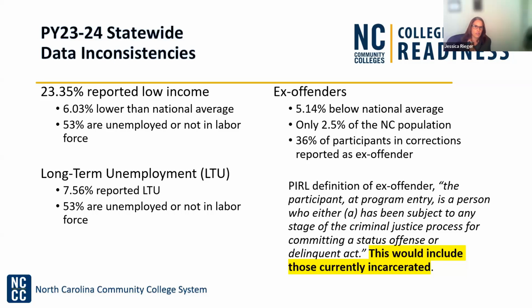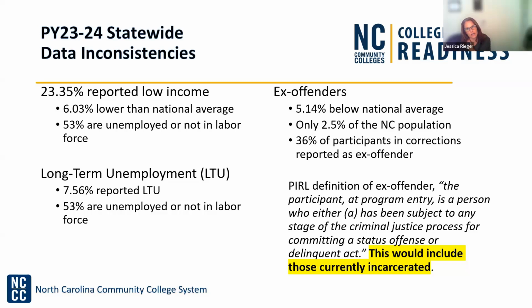And our reporting was about 6% lower than national average. Same thing with long-term unemployment. Only about 7.5% reported that they were in long-term unemployment, yet 53% of our participants for that program year reported that they were unemployed or not in the labor force.